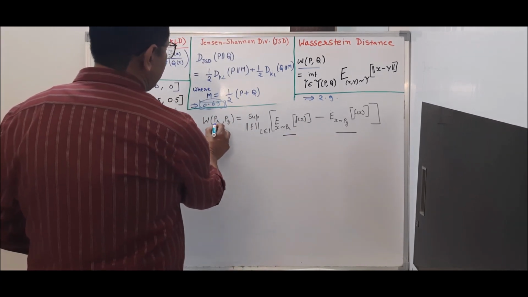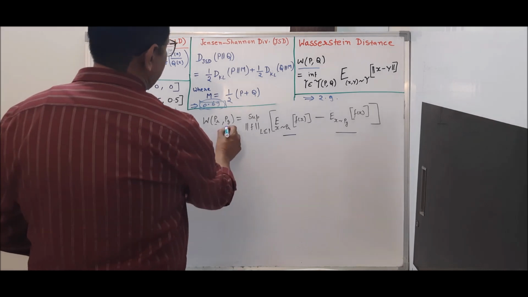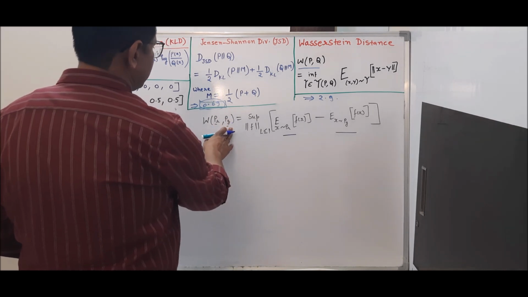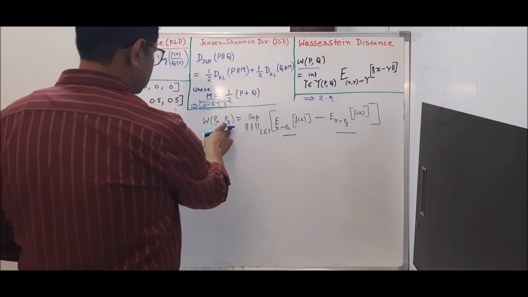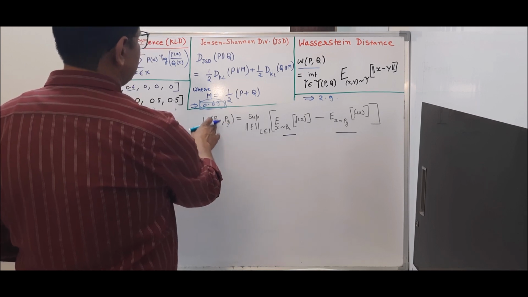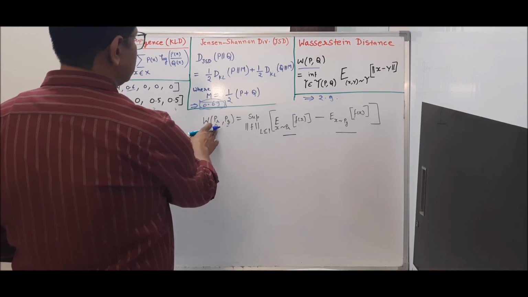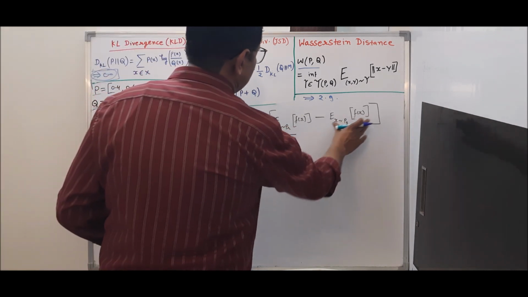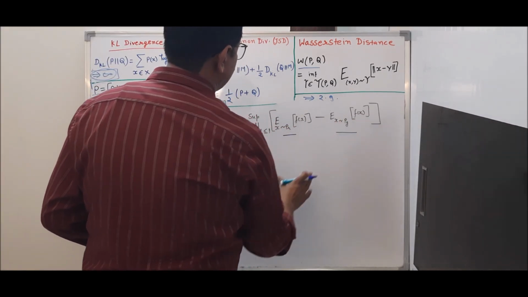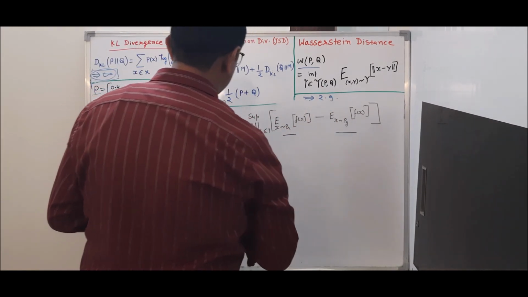So here, if PR represents the probability distribution through the real images and PG represents the distribution through the generated images, then we take the difference between both expectations and we try to maximize it.